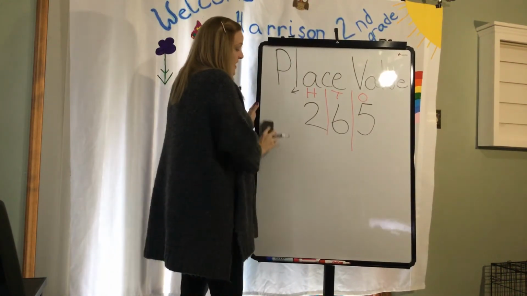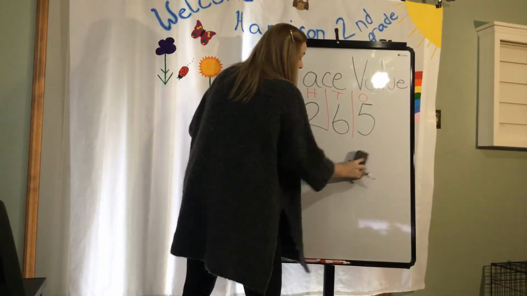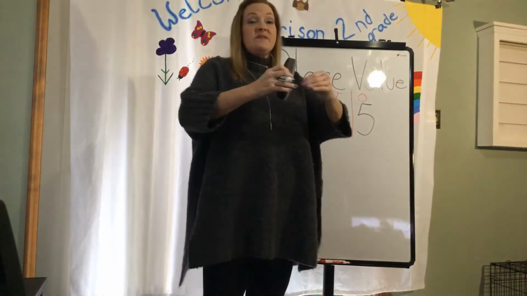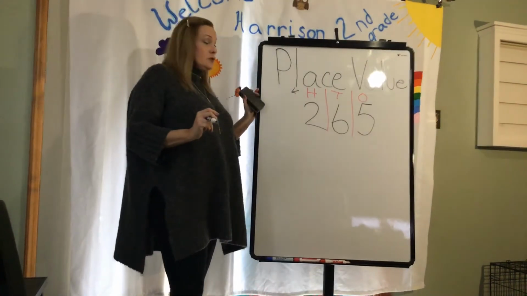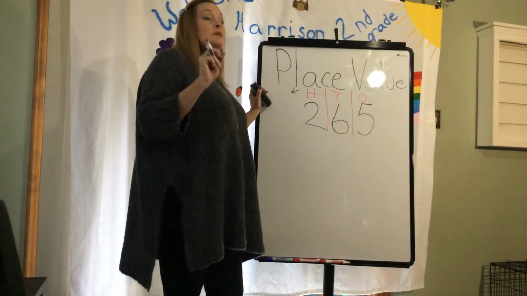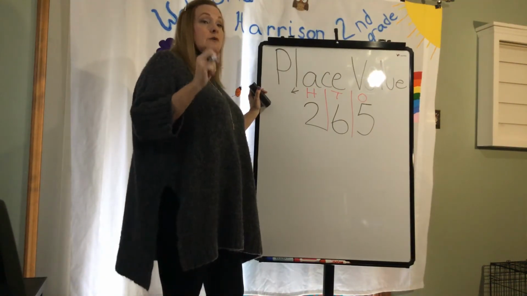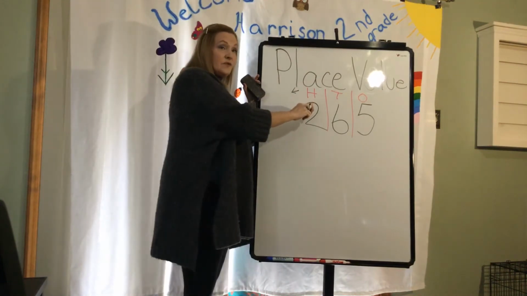Now, if you think back, you remember that we talked about doing expanded form. Remember, we stretched it out. We took this number 265 and we stretched it out. If I'm going to do expanded form for 265, I'm going to take the value and put plus signs in between each of those values. That's what we just did, was the value. So, what was the value of the 2?